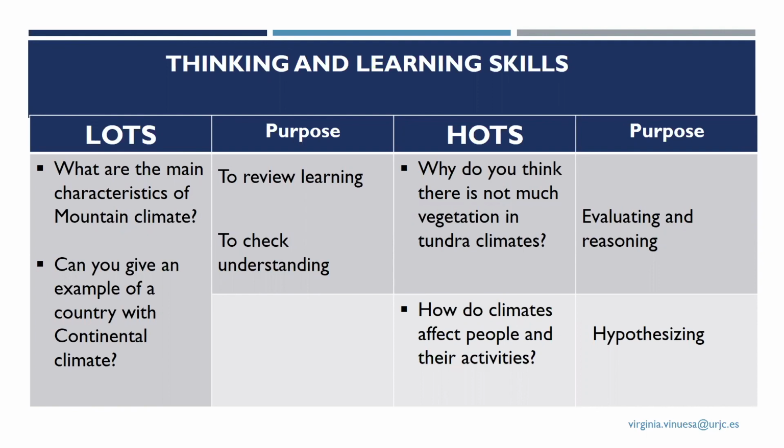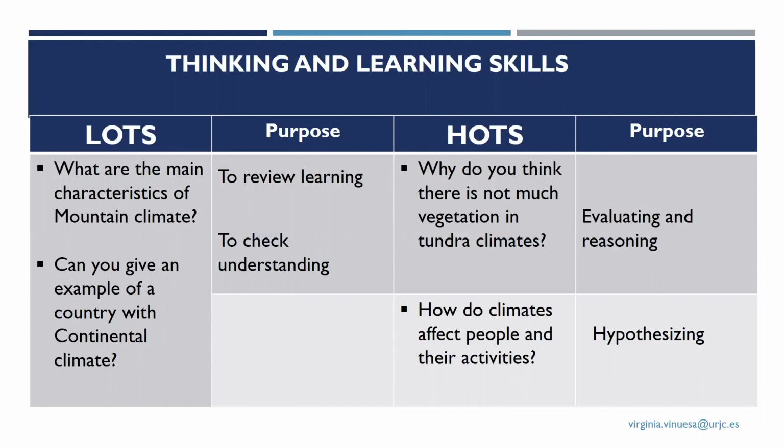So as you can see, and as I said before, communication and cognition are really interrelated. If I want them to give me a reason to justify something, that is critical thinking, cognition, and they have to think much more about it. It's much more difficult. Or if I want them to hypothesize about something, remember that when you develop higher order thinking skills or lower order thinking skills, it has to do as well with the kind of activities you create.